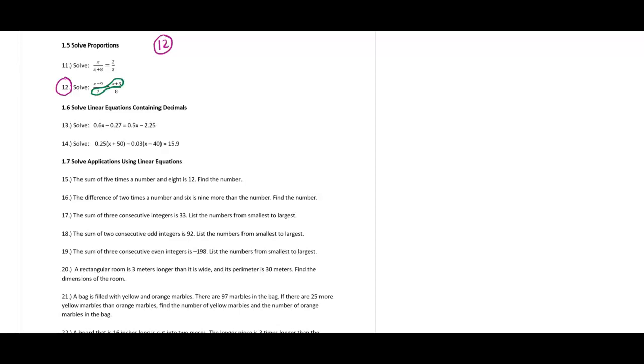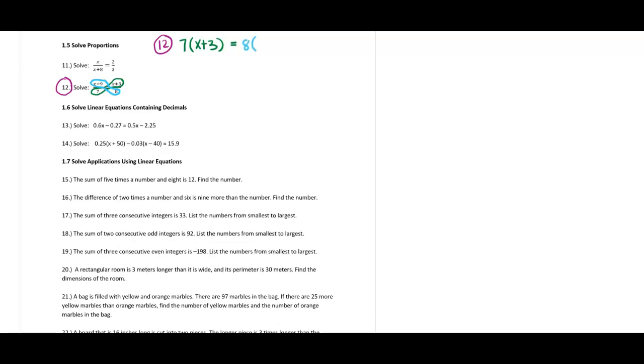So that would be 7 times x plus 3. So I'm multiplying that diagonal together, and I'm putting it equal to the other diagonal, the 8 times x minus 9.